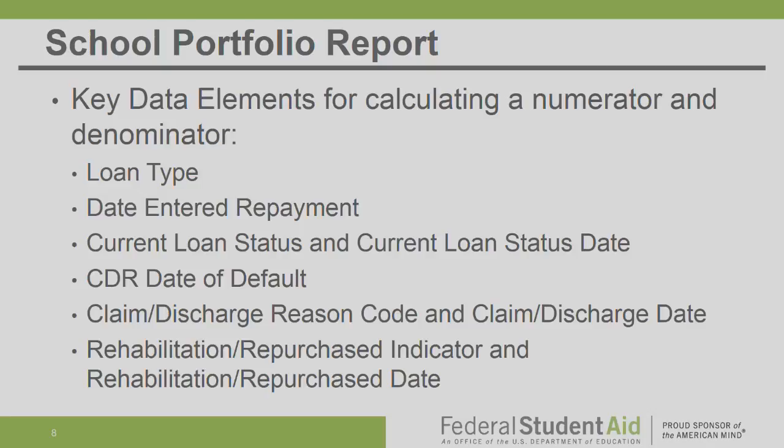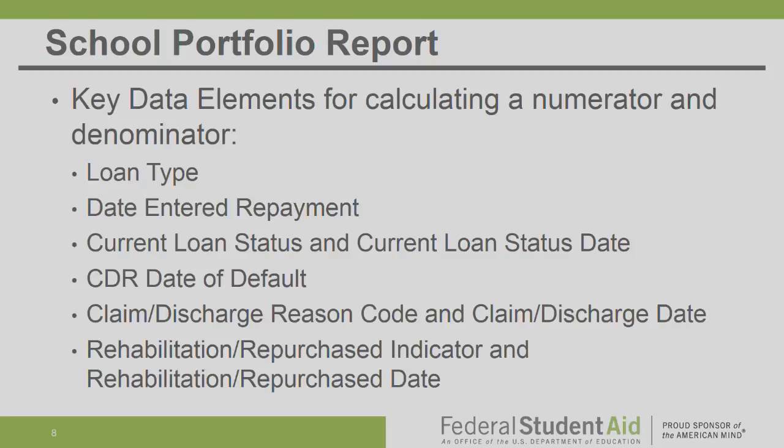If we're going to do that for ourselves, we have to take a couple of key data elements into consideration: the loan type, the date entered repayment, which I've harped on quite a bit, the current loan status date, the CDR date of default, which is an actual field in the report, the claim or discharge reason code, and the claim or discharge date.